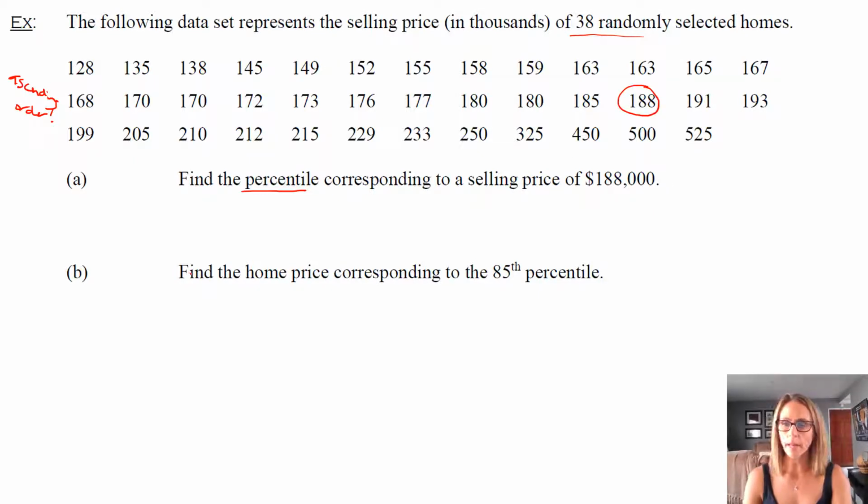Now, if we follow the directions from the part where it says find a percentile, if you go back to the first page of your notes, you'll see that the percentile relates to the way that you find that, because you're finding some P here. It is the number of scores less than the given score. So we take 188, the number that is less than that. Count how many of the values are less than 188.